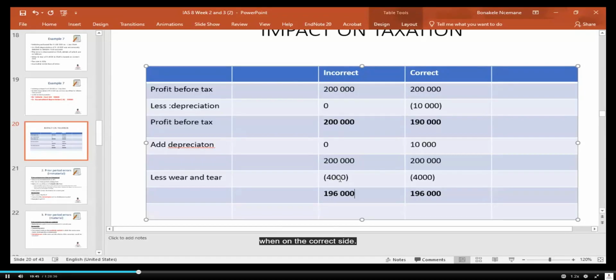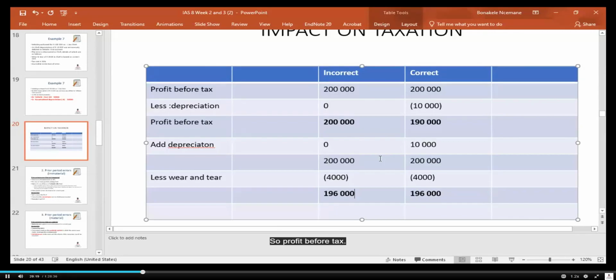On the correct side. The total profit before tax is supposed to be?